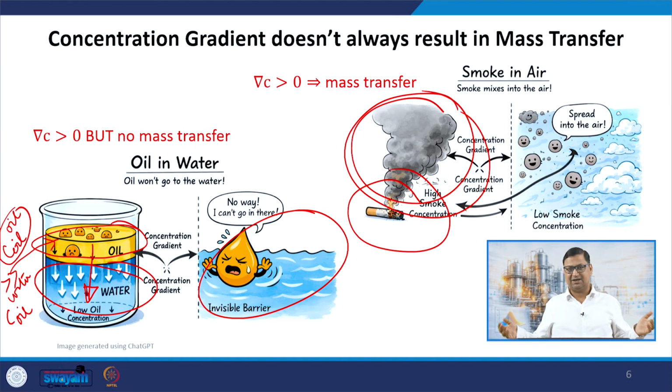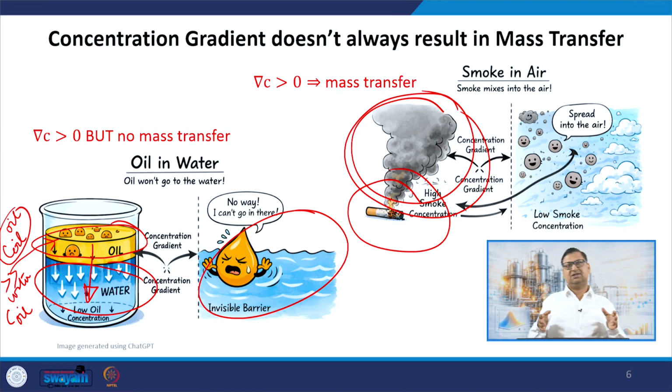Near that cigarette, the concentration of the smoke is pretty high, and in the room otherwise the concentration of smoke is pretty low, and smoke is able to pretty much fill the room. Pretty much the same example as we had for nitrogen and oxygen coming together and making up air very easily, spontaneously, right. So, what exactly went wrong?